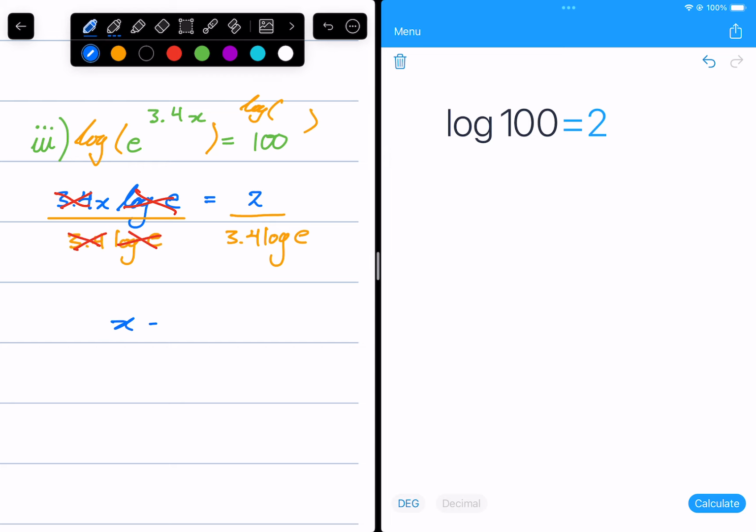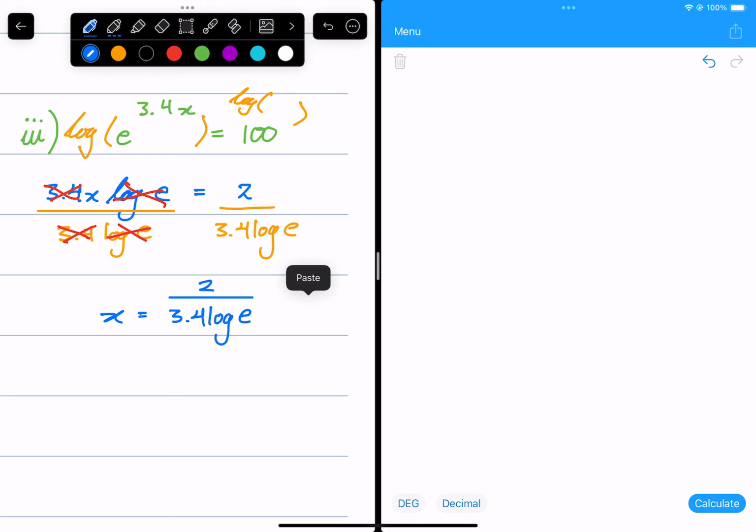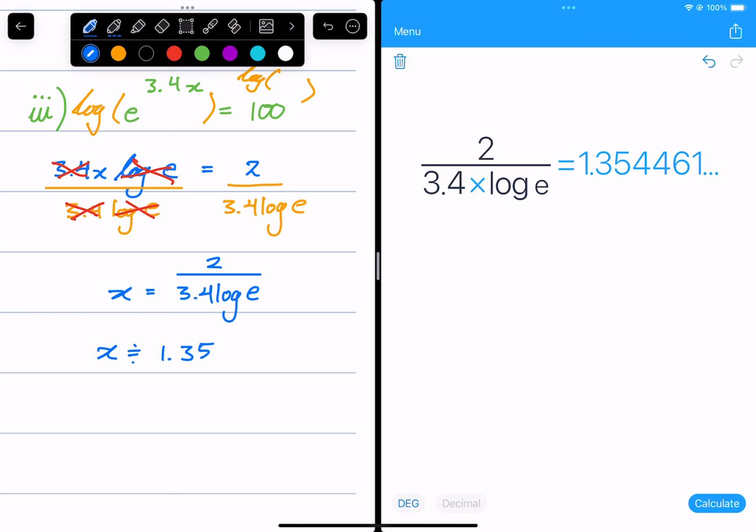So x is now equal to, in exact form, 2 over 3.4 log e. This is the exact result of this problem, but so that we can take an approximate decimal solution, we take the input in our calculator, 2 over 3.4 log of e. This gives us approximately 1.354, but I'm going to leave this to 2 decimal places, like so.